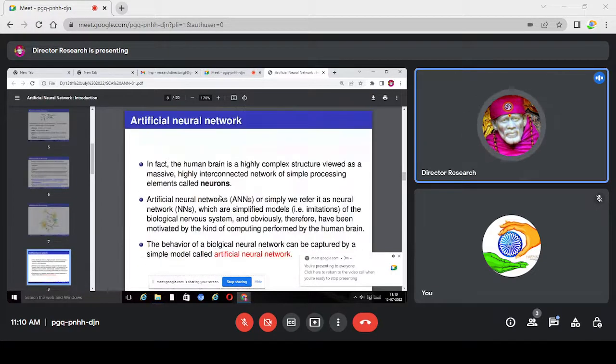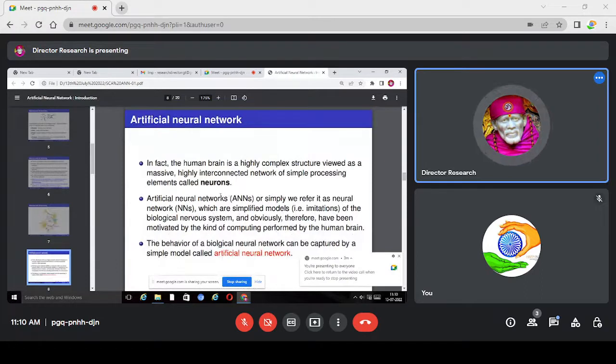In artificial neural network, the first point, in fact, the human brain is highly complex. The second point, artificial neural networks, which we simply refer to as neural networks, are simplified models of these biological nervous systems, and obviously therefore have been motivated by the kind of computing performed by the human brain.